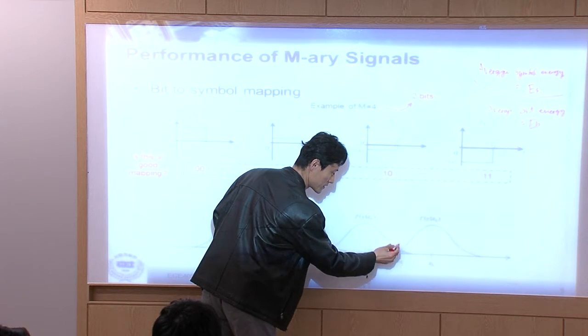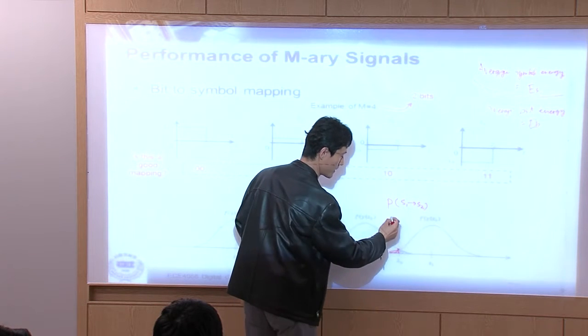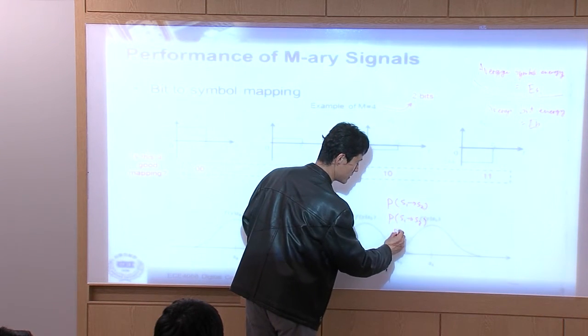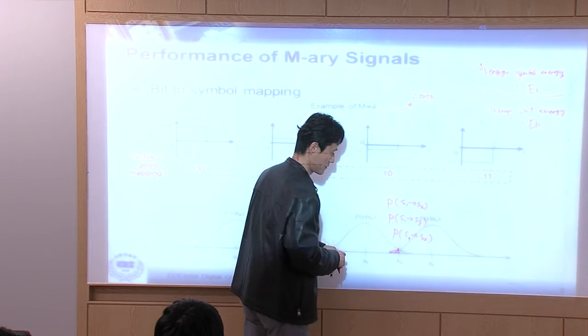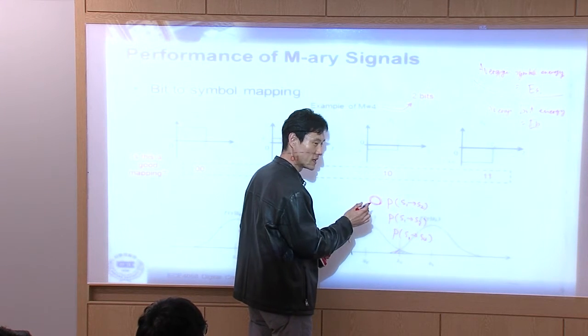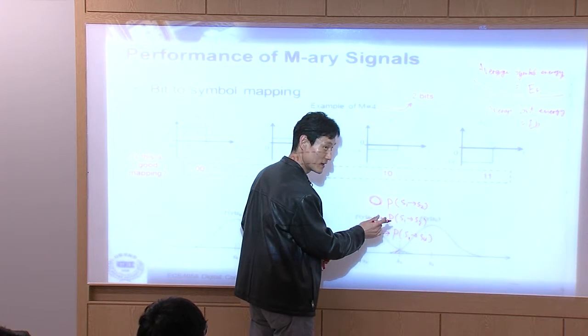So P(S1 to S2), P(S1 to S3), P(S1 to S4). Which one has a higher probability? This one has the highest probability. This one is so small. This one is almost nothing. Okay?